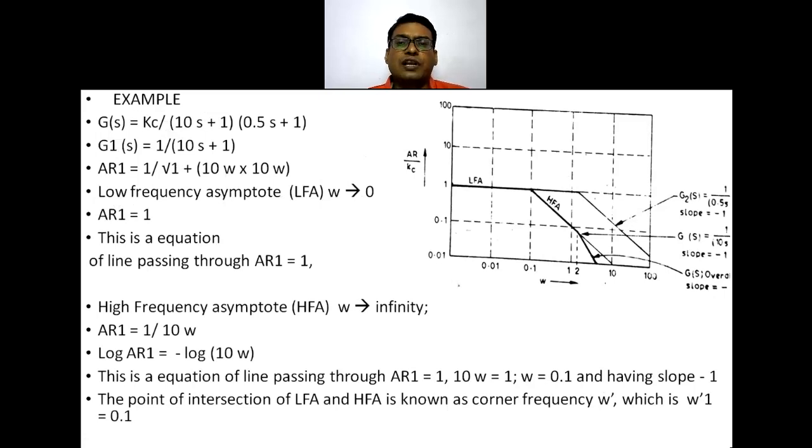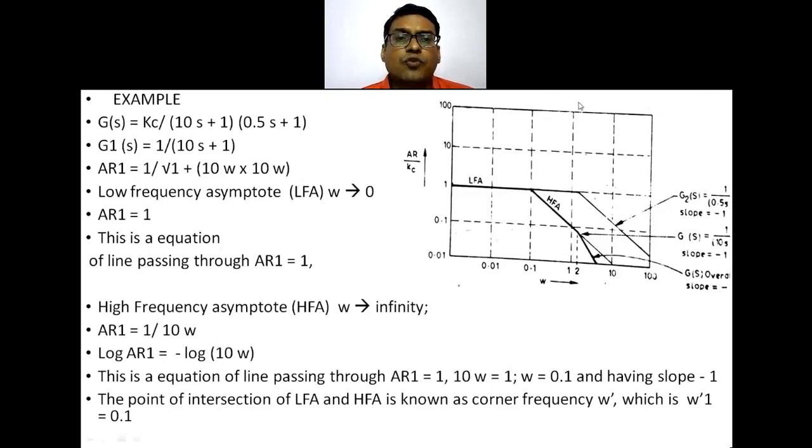Now we will consider the next example. So G(s), the transfer function, is given as Kc upon (10s plus 1) into (0.5s plus 1). Here the tau value is the only thing changing, remember that. So our first transfer function we will consider is Kc upon 10s plus 1.